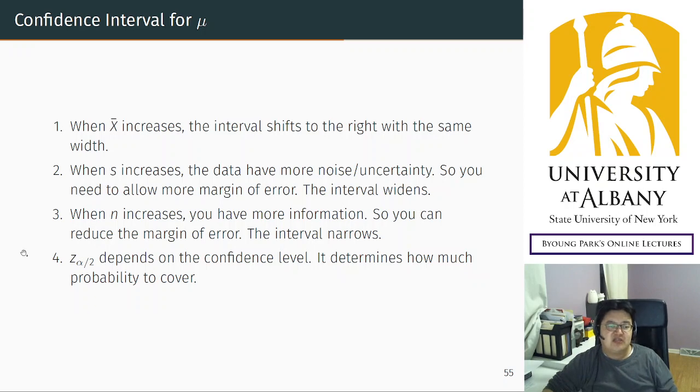So the z alpha over 2 will be reduced accordingly. So these four components show how the trade-offs and the accuracy work within each other.